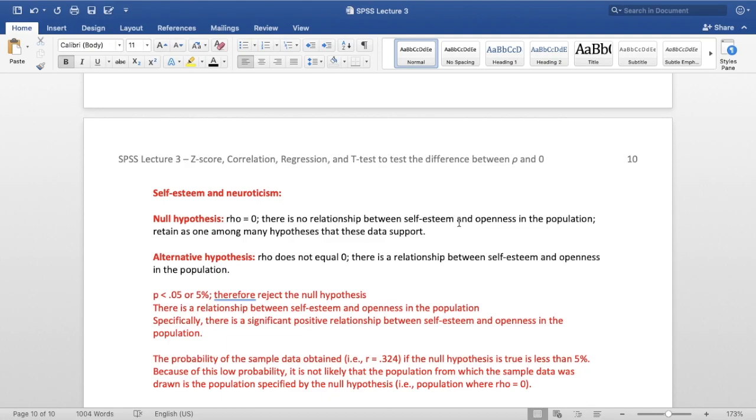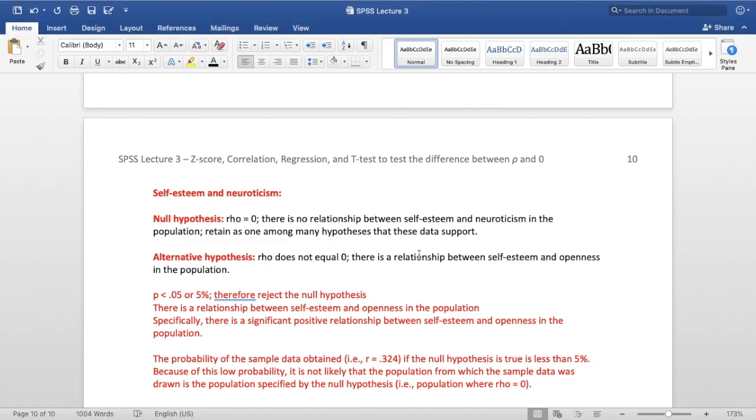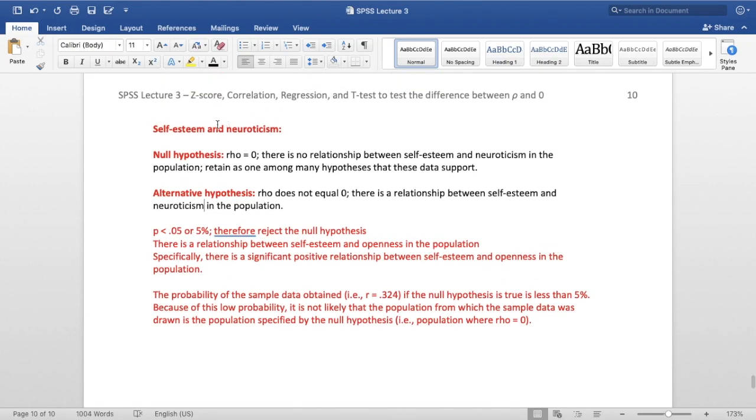There's no relationship between self-esteem and neuroticism in the population. Retain as one among many hypotheses that these data support. The alternative hypothesis would say rho does not equal 0. There's a relationship between self-esteem and neuroticism in the population.